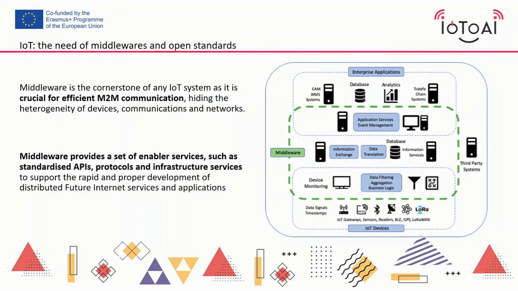The middleware provides a set of enabler services such as standardized APIs, protocols, and infrastructure services to support the rapid and proper development of distributed future Internet services and applications.